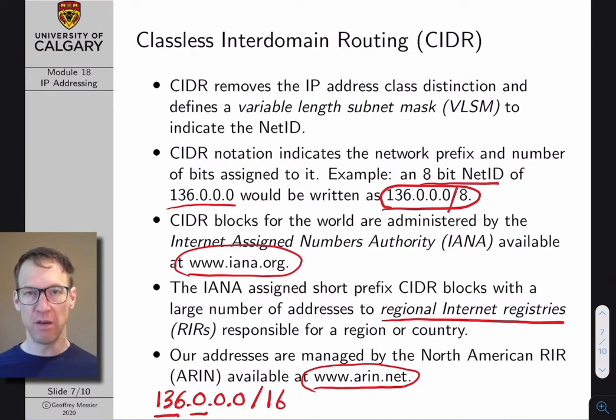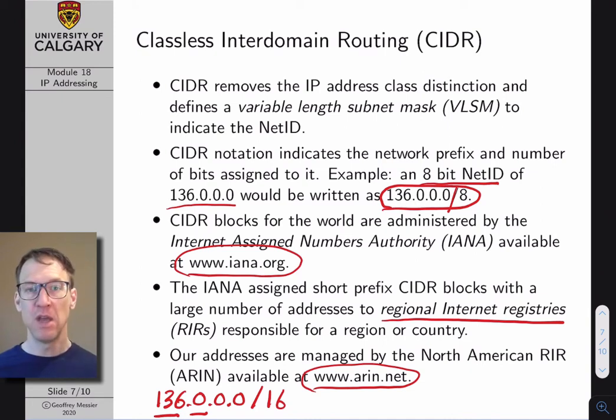But part of the functionality on these websites is to be able to look up specific IP addresses and see what sort of big address space blocks the IP addresses come from.